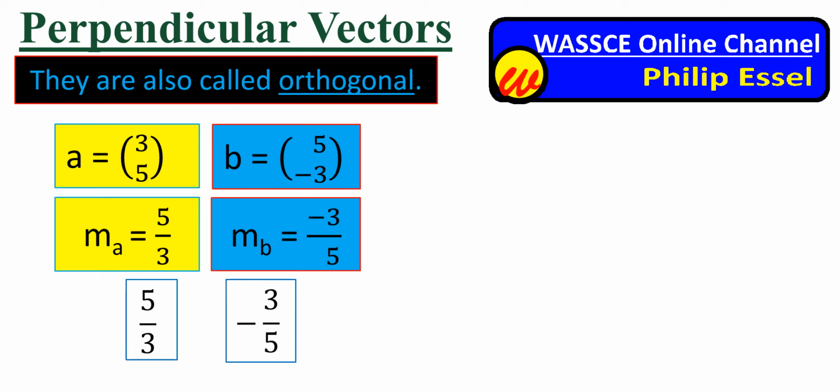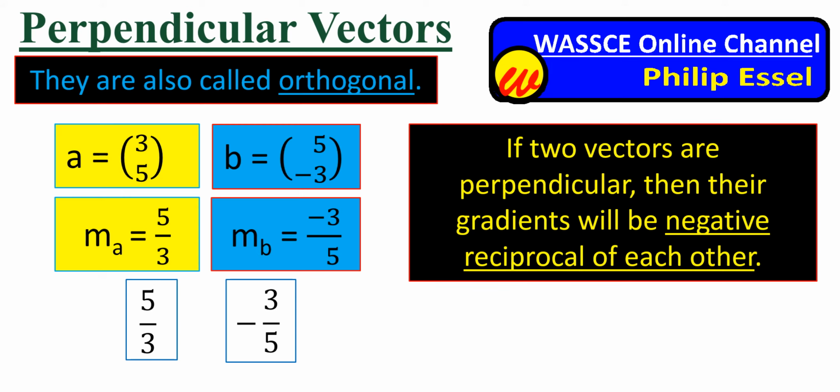Well, let's write that down. If two vectors are perpendicular, then their gradients will be the negative reciprocal of each other. What this means is this: when you are given two vectors and you are asked whether the vectors are perpendicular or not, all you need to do is to calculate the slopes of the vectors.